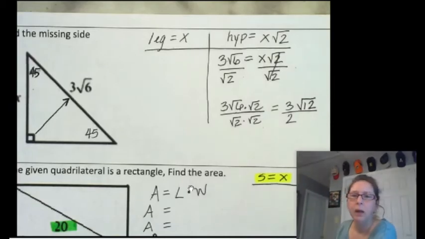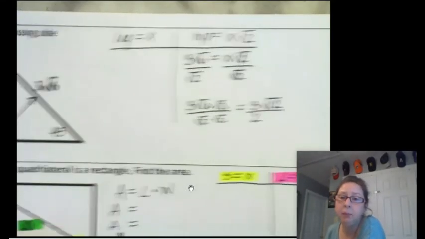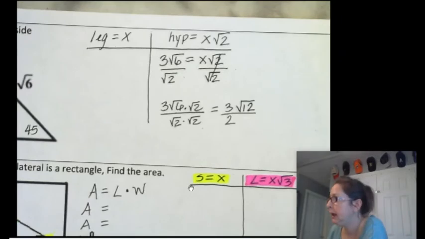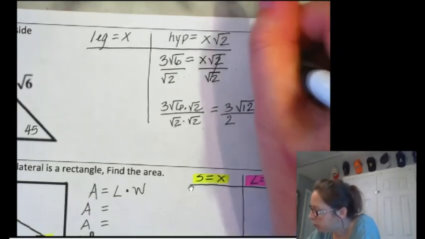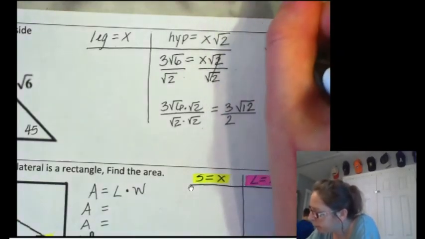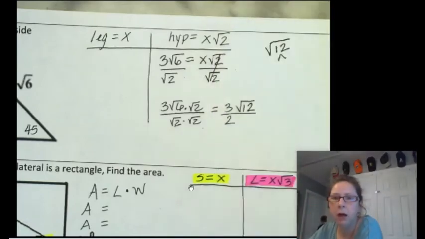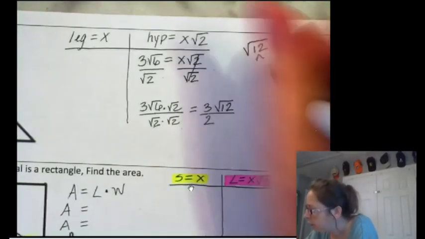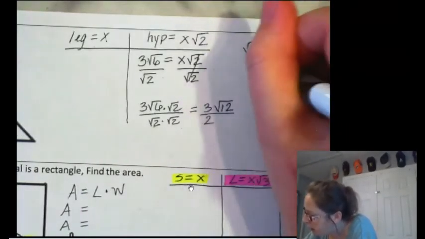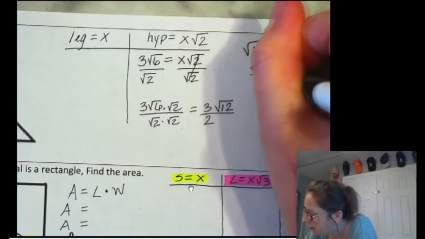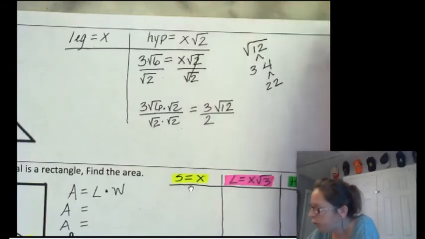Okay, and I can simplify that further. I can. So I'm just going to do some scratch work right here. The square root of 12 is the same as 3 times 4, and 4 breaks down to 2 times 2.